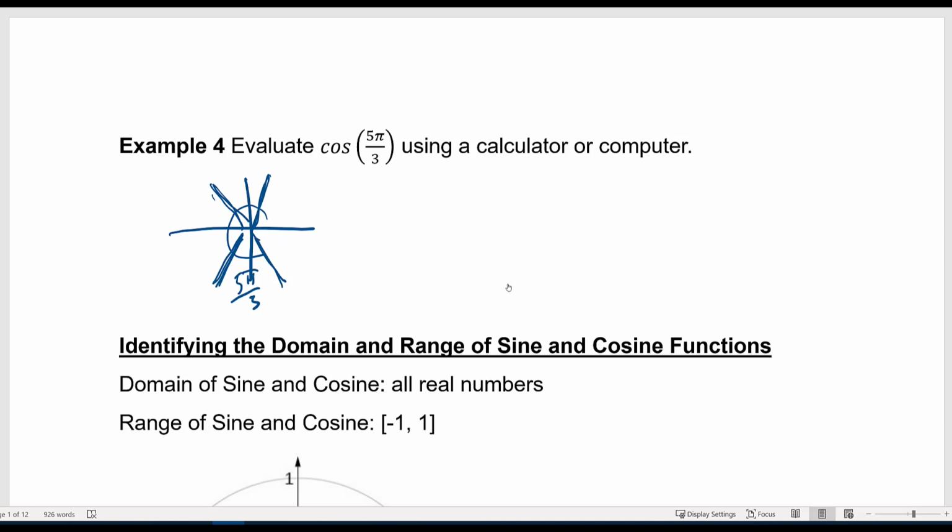We're going to get into something called reference angles in a second, but that means it's as if this is pi over 3 here. 5 pi over 3 plus pi over 3 makes the whole circle, so it's really looking like cosine of pi over 3. As we saw above, that's 1/2, and because of the quadrant we're in, it's positive 1/2. You can also put this in the computer and you'll get 0.5 as your answer.